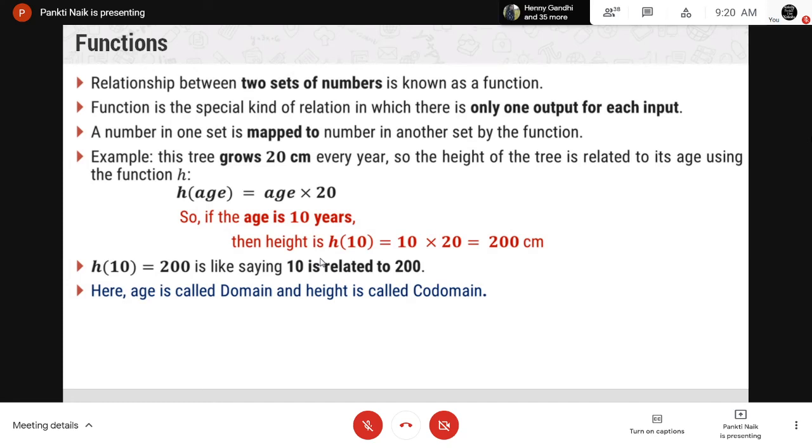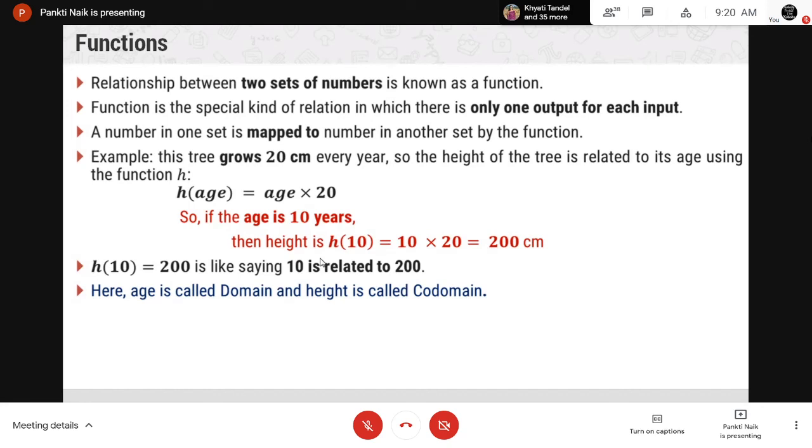So, in general terms, we can say that a function can be defined as the relationship between two sets. That means using a function, we can map one element of one set to some other element of another set.